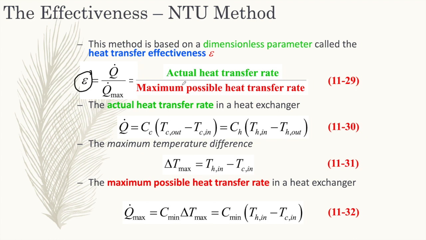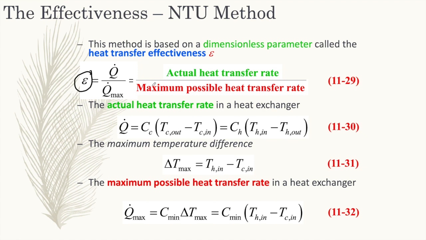To calculate the actual heat transfer rate, we use an equation. As you know, the rate of heat transfer on the cold side and hot side is determined by this equation. Capital C represents heat capacity, which is actually m dot times Cp.